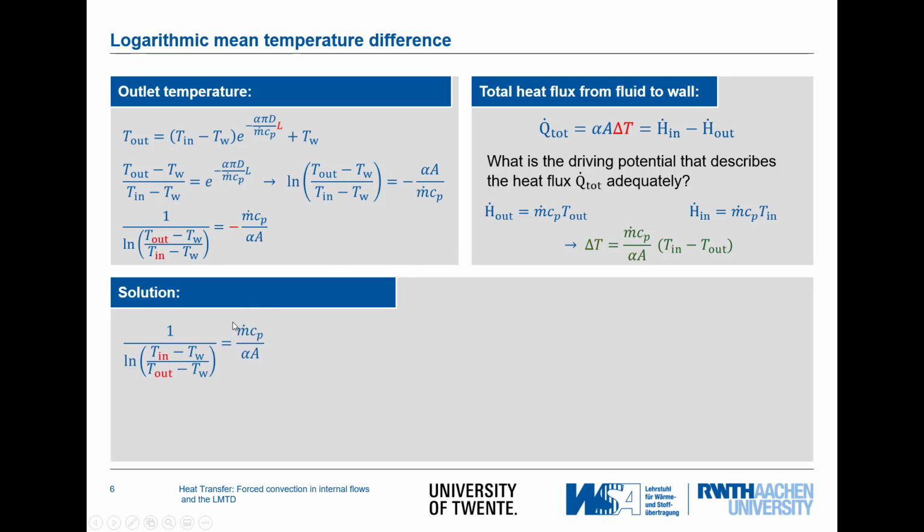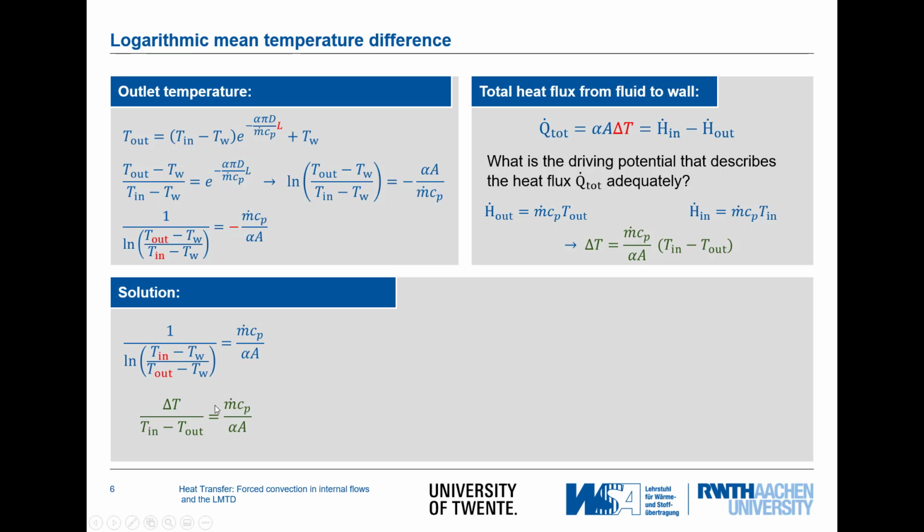So in the next step, we combine these two equations. To do so, we also do some sign flips. As you can see here, we have a minus at T out and T in. We can drop this minus and swap T out and T in. Now we can look at this expression here. It's made green because we also introduce this here. We change this a little bit. We bring the m dot Cp divided by alpha times A, because it's the same expression as here, to one side.